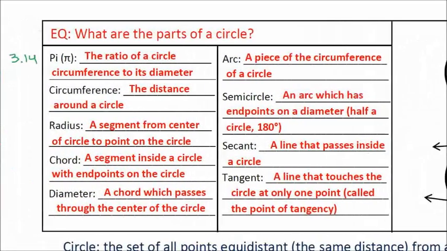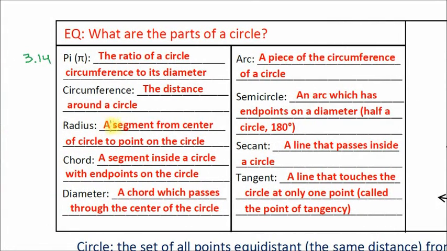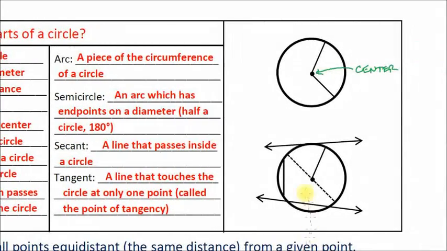Okay, the radius is a segment from the center of the circle to a point on the circle. So in our example down here, we're going to go ahead and point to a radius, and I'm going to do it right here. This little line right here, this segment from the center to a point on the circle is called a radius.